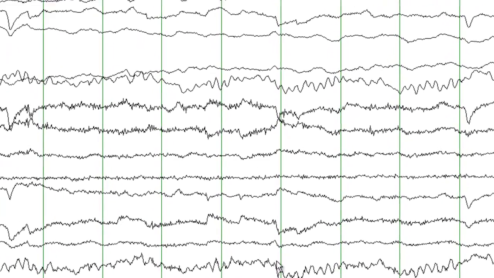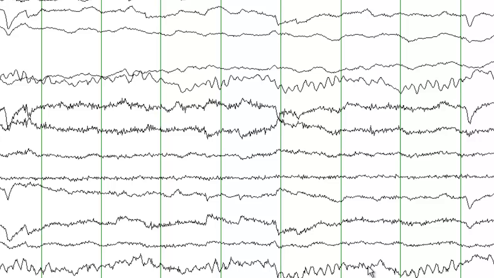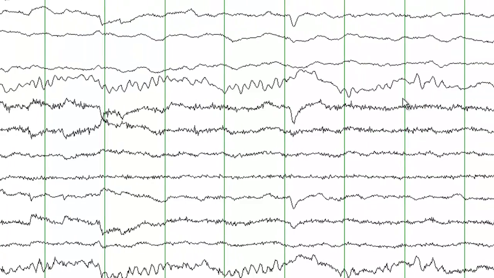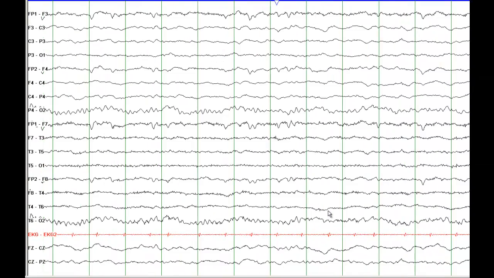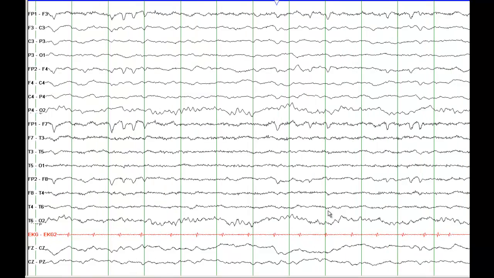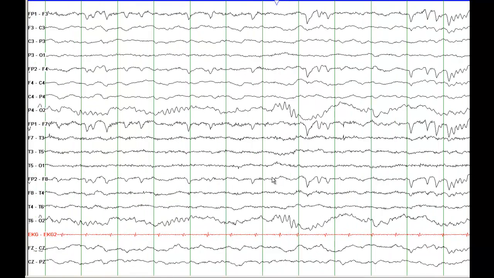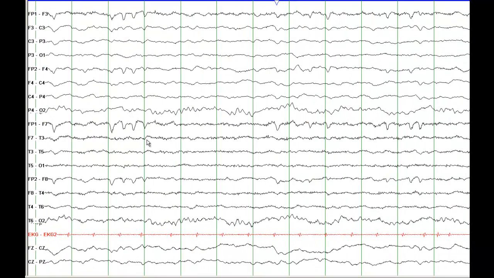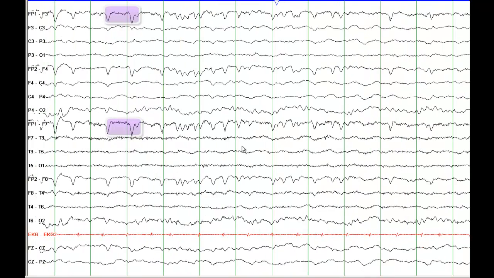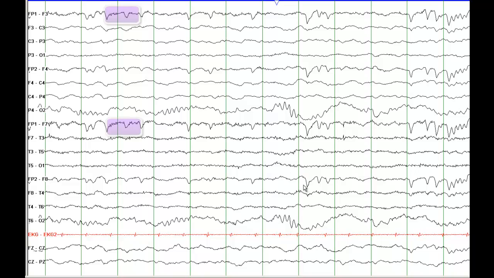What you see over here is a lot of beta frequency, fast frequencies, more than 13 hertz, that are seen both in the left temporal and right temporal head region. These waveforms are eye blink artifacts, and you see a lot of those eye blink artifacts in the frontal polar head region.